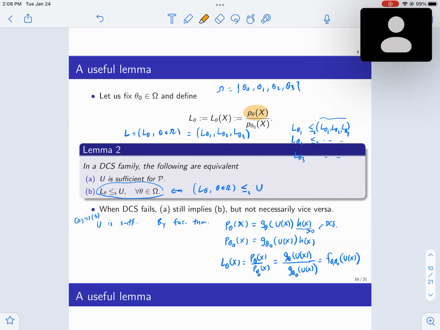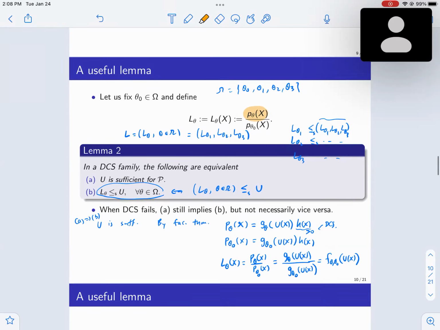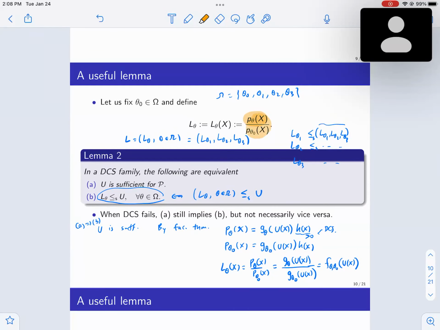That likelihood ratio, for a fixed theta and a fixed theta naught, is a function of x. So formally, it's a statistic. A statistic is a function of the data. So for any fixed theta and theta naught, that gives me a statistic.